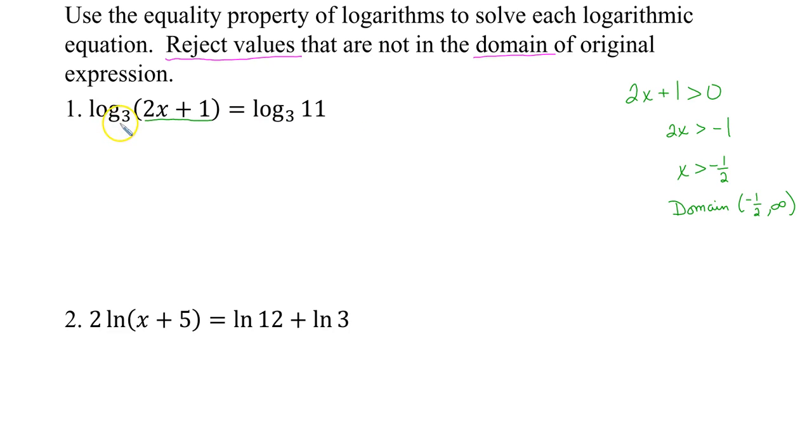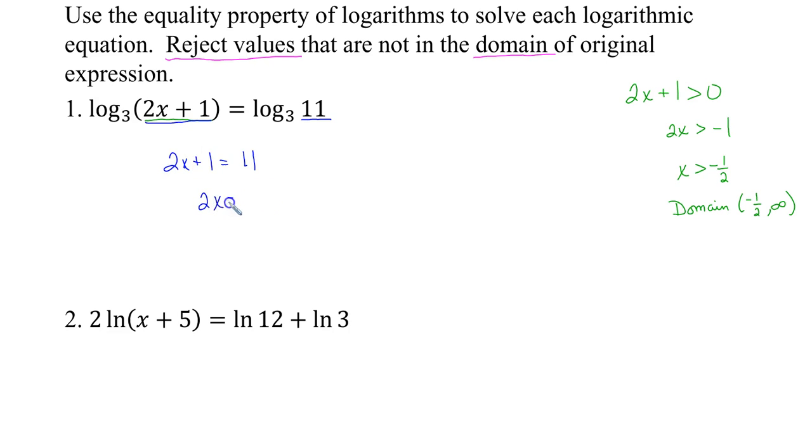We start by saying that we have the log base 3 on both sides. So we take whatever is inside of that logarithm and we set those two expressions equal to each other. So we have 2x plus 1 that we will set equal to 11. This gives us a very nice linear equation, which we can solve by subtracting 1 from both sides.